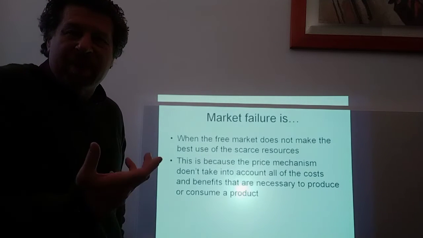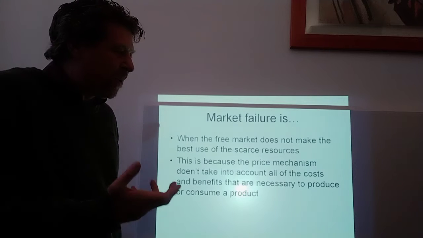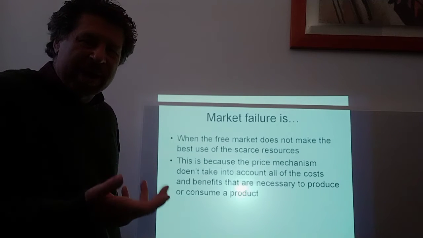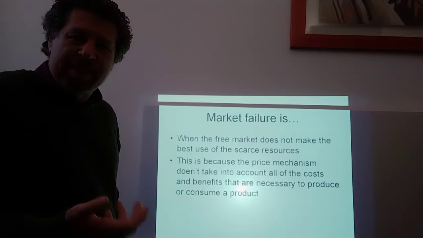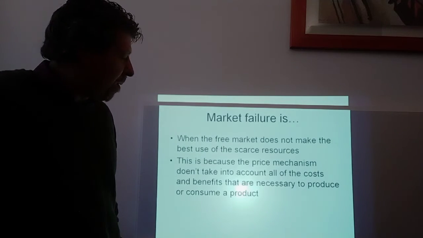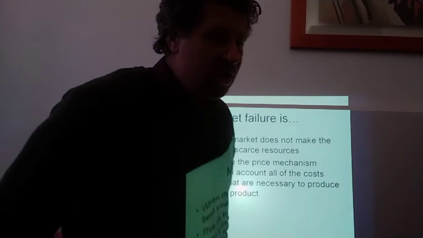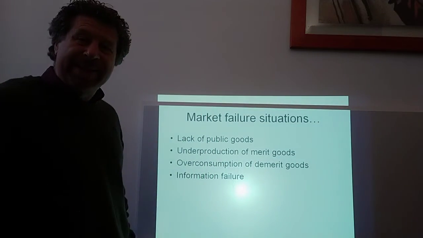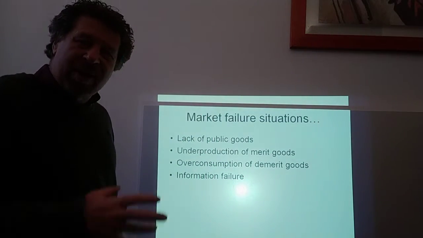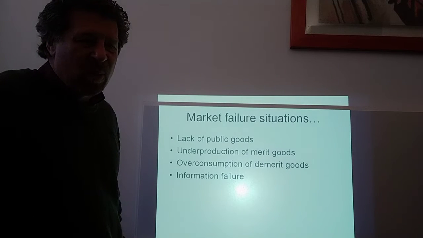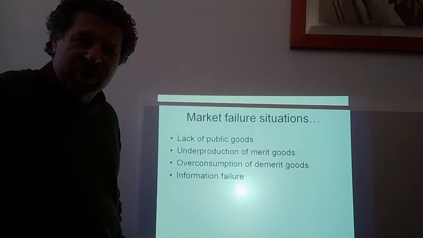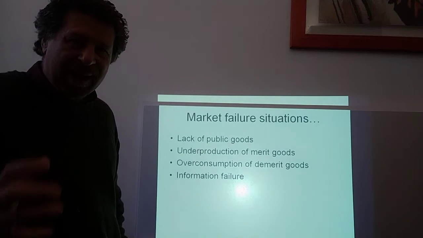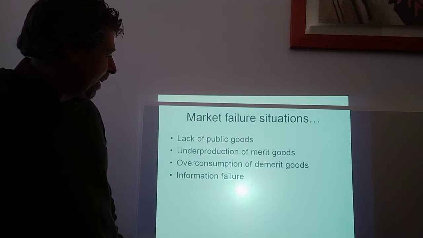Maybe this may be pollution, it's health, smoking and health, or it may be education. The positive externalities are not being considered because the market only considers the interests between the producer and the consumer, not the wider external reality.